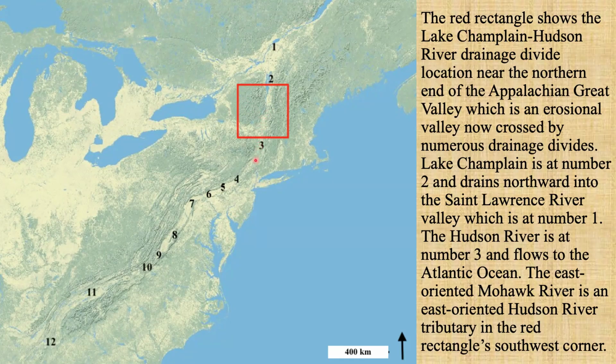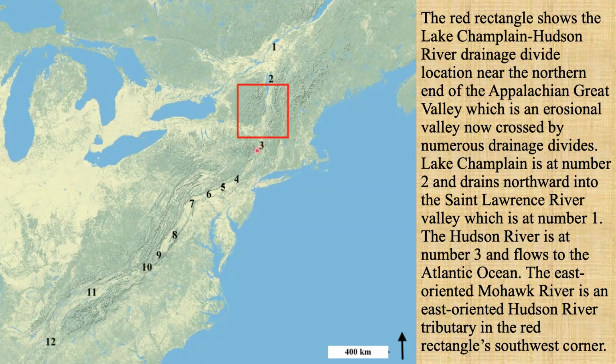And it flows for quite a distance in the Great Valley before turning to cross what are now referred to as the Hudson Highlands to reach the New York City area and then empty into the Atlantic Ocean. So the drainage divide that we're looking at is here.